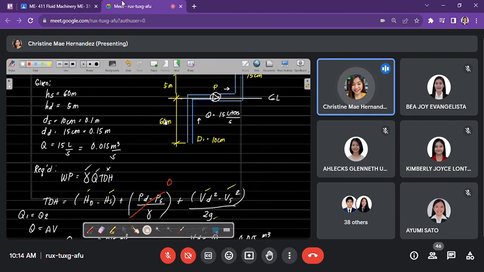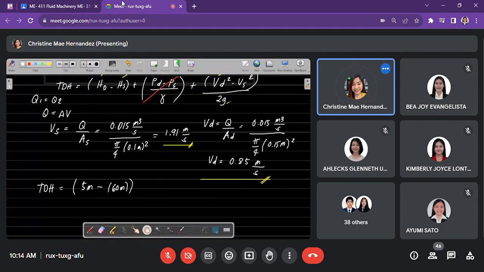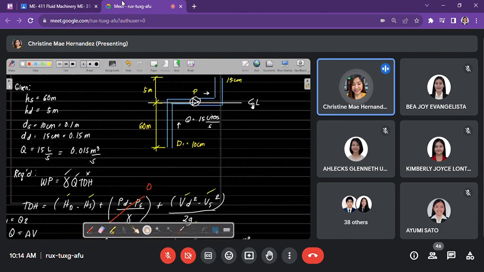Kasi siya ay below center line, meaning ine-negative natin siya. Makikita nyo, ito yung ating ground level or center line, kung nasan yung ating pump. So, negative siya since below center line siya. Pag above center line, siya ay positive.